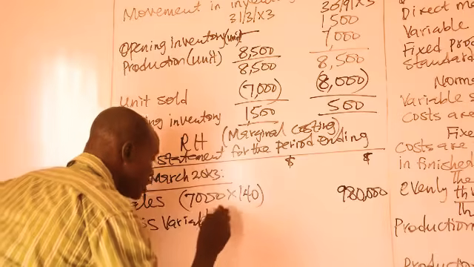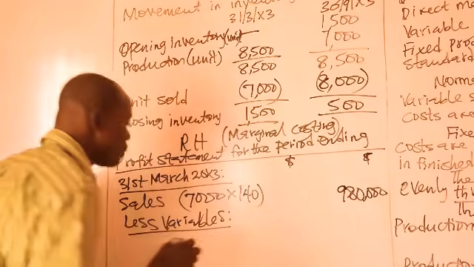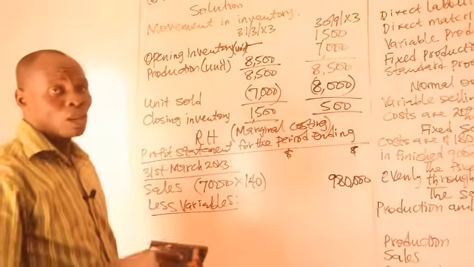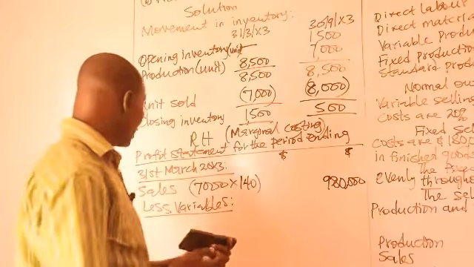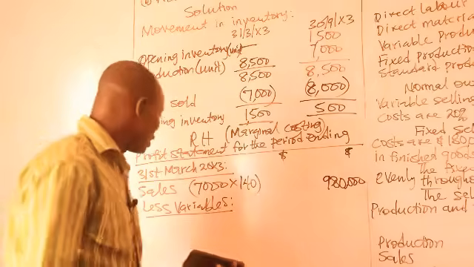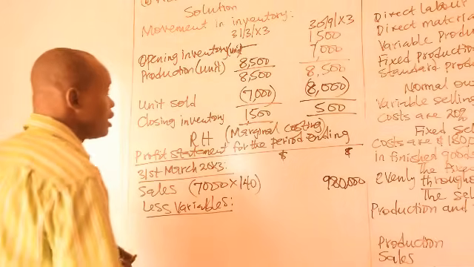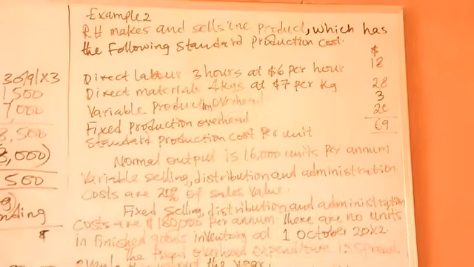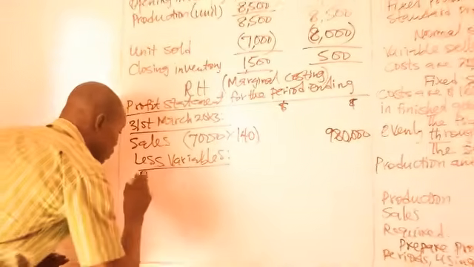From that, you less variable cost. Your focus is on the determination of the contribution, and I've told you that contribution is sales less the variable cost. So you less your variable cost. The first thing should be the opening inventory.